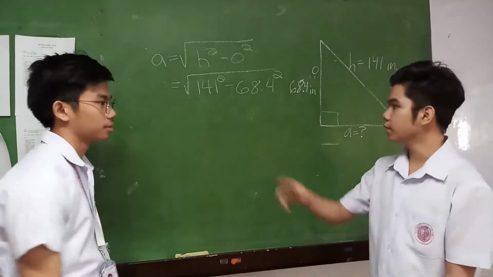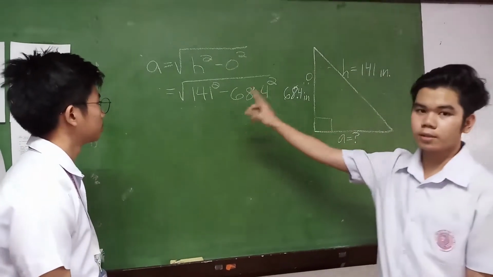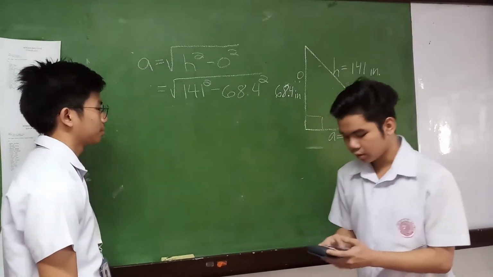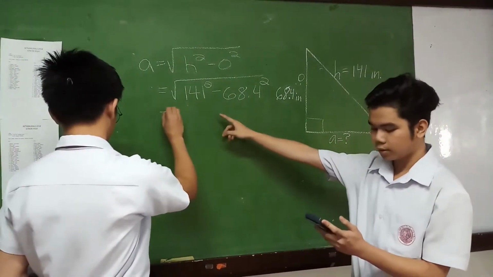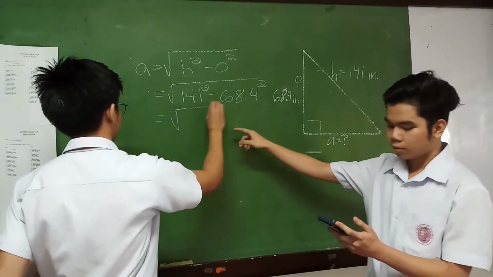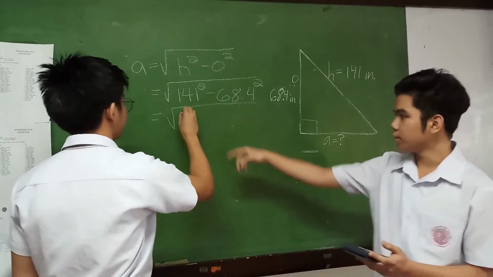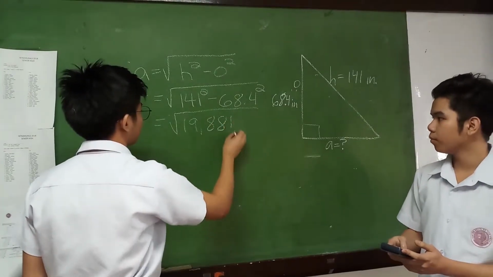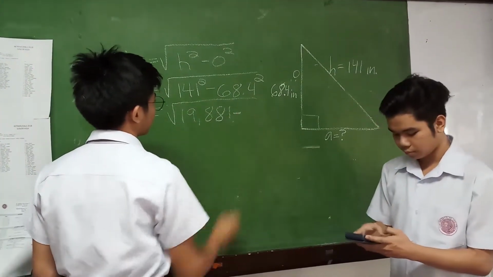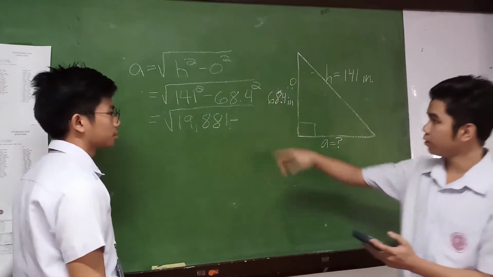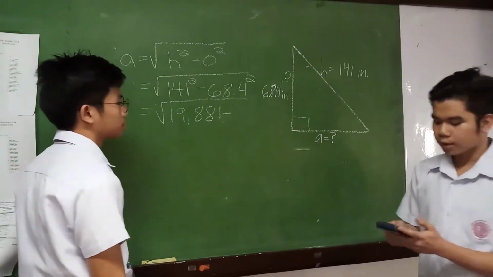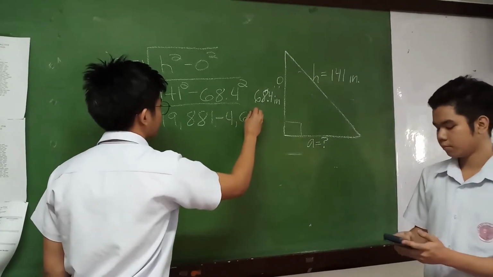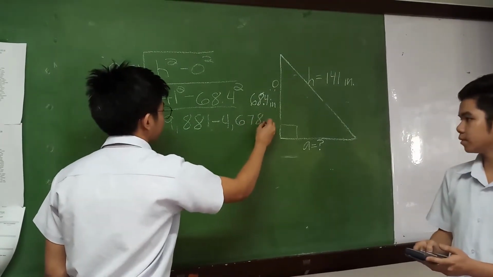The first thing we're going to do is solve the inside, which is the square. The square of 141 is 19,881 minus the square of this, which is 4,678.56.